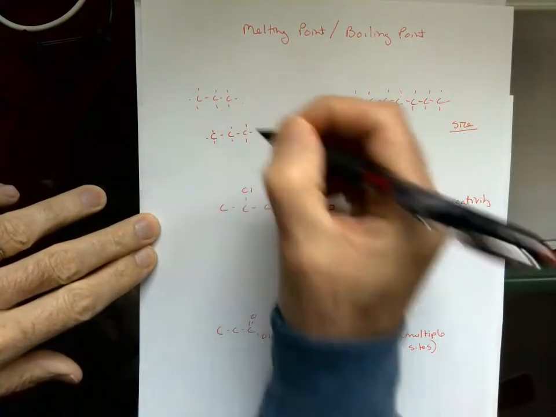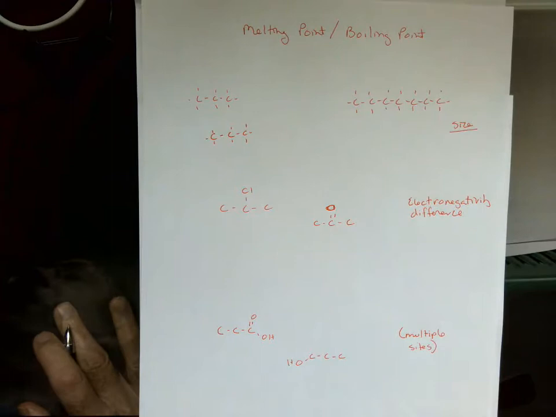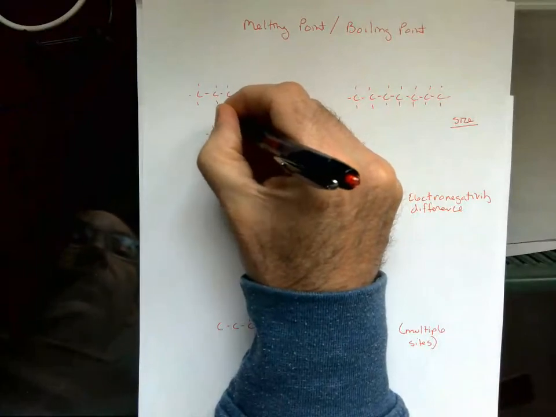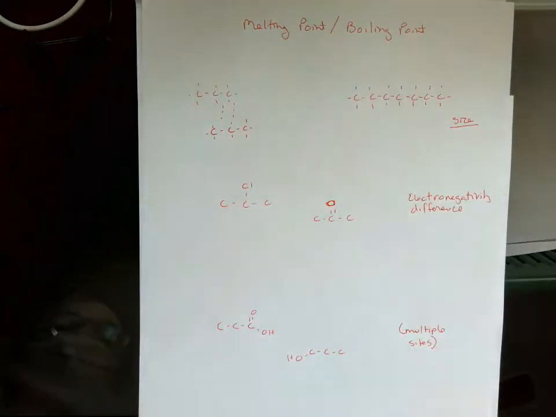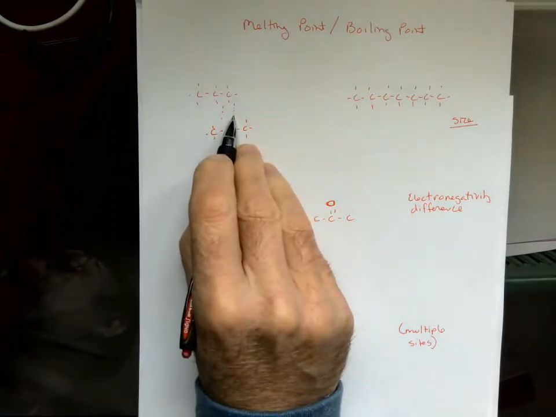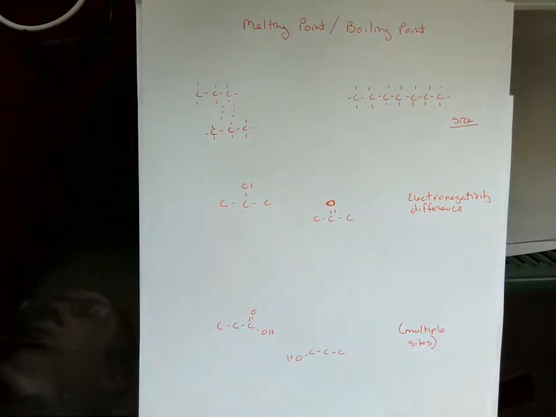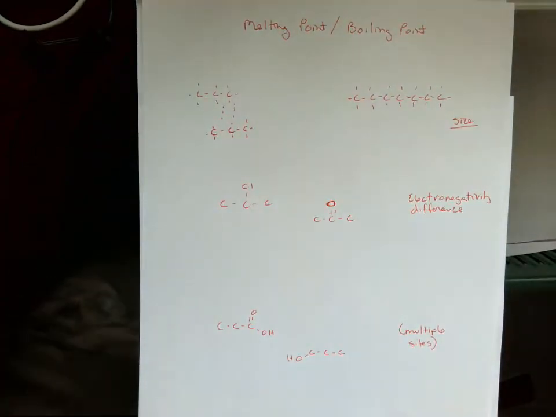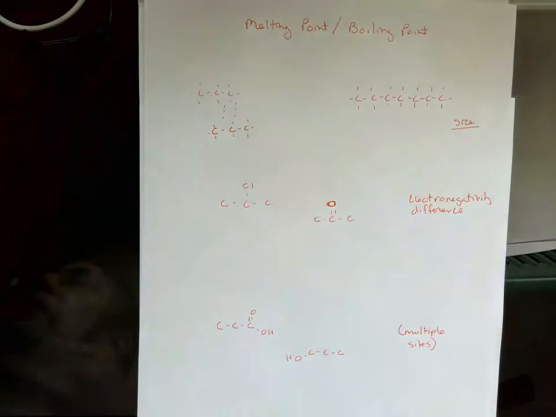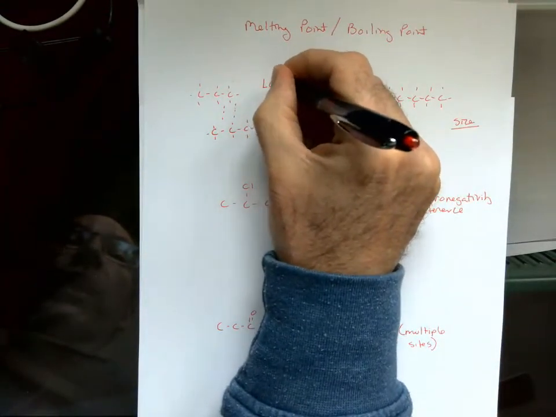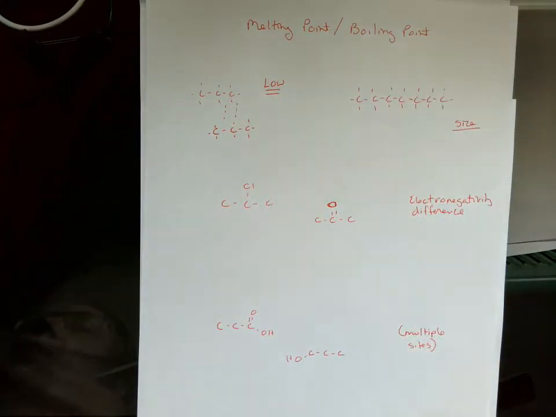So if we had the propane supercooled and it was a liquid and we wanted to boil it, what we've got to do is break these intermolecular forces. Now, what we said was, this is dispersion forces because it's all carbons and hydrogens, so this is weak and easy to break. So if we just have dispersion forces, we have a low melting and boiling point.